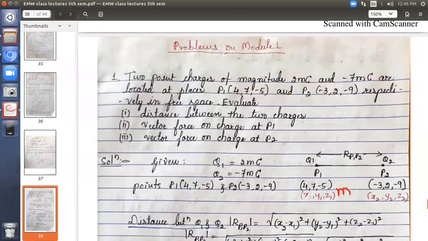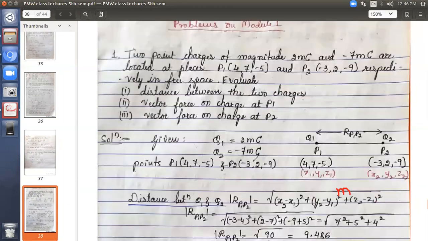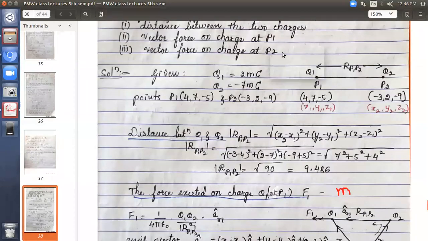But since in this question there is no mention of unit, whether the points are in meters or anything, it is preferable to use SI units. I have not done that. If it is not given, either simply put it like this or better to use SI units.